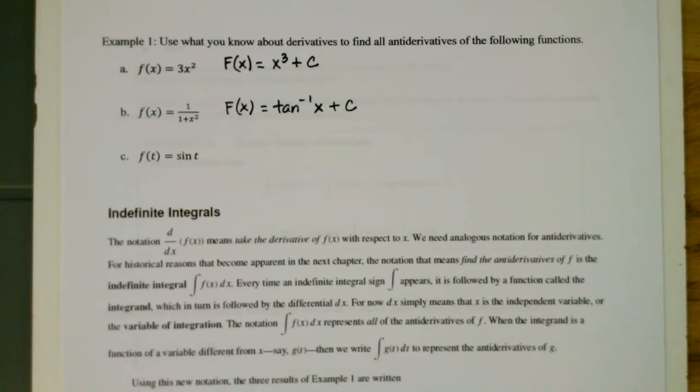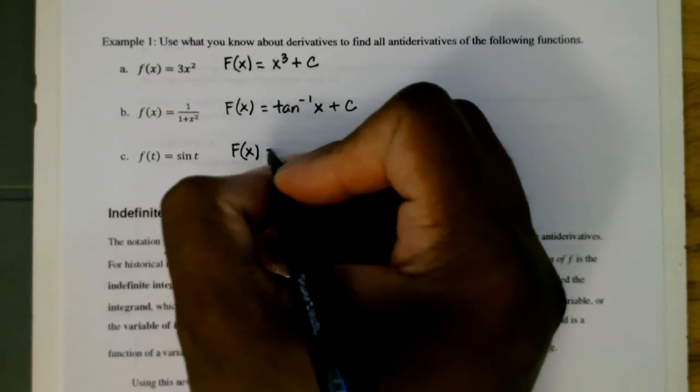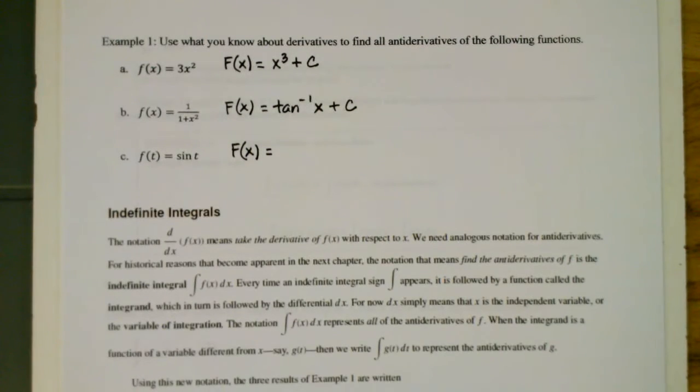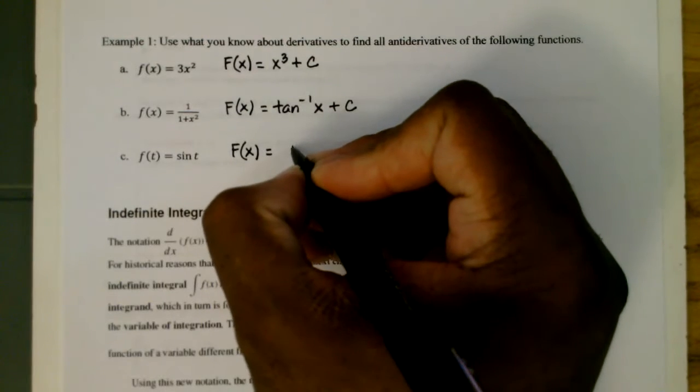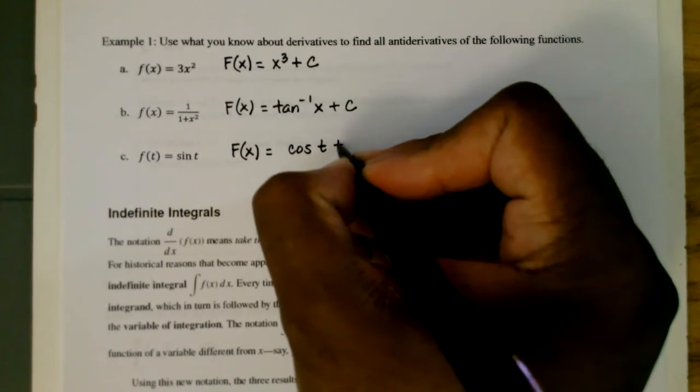And then f of t is equal to sine of t. One of my trig functions says there's a relationship where the derivative of the cosine gives me negative sine of t. So let's use the cosine of t plus c.